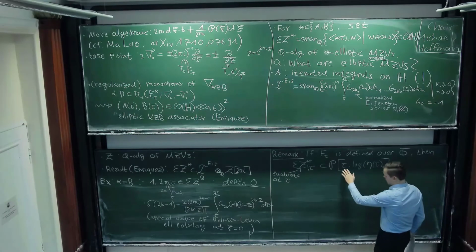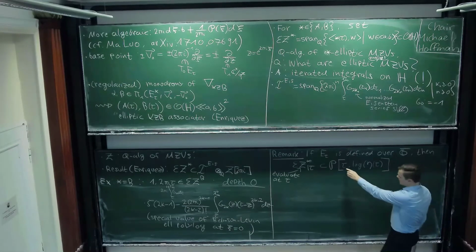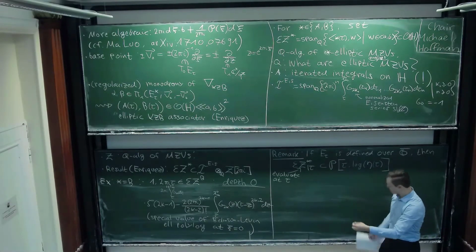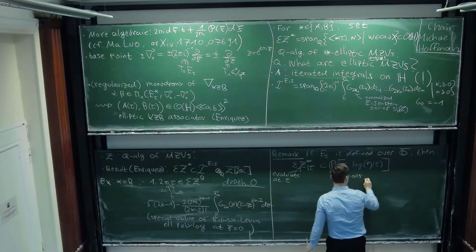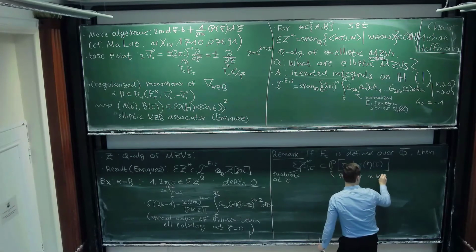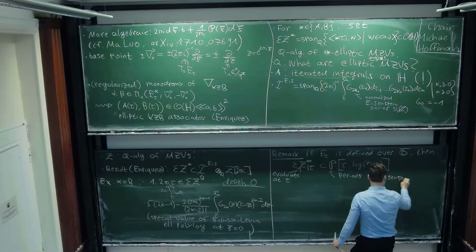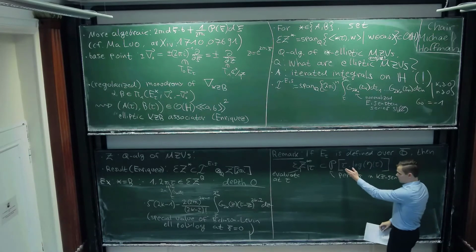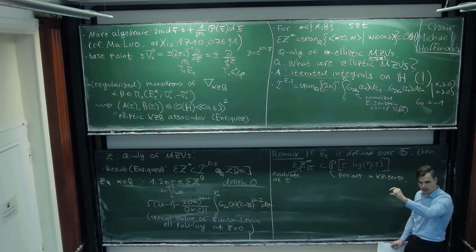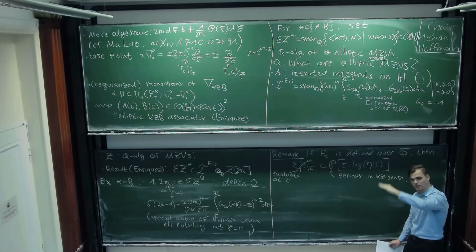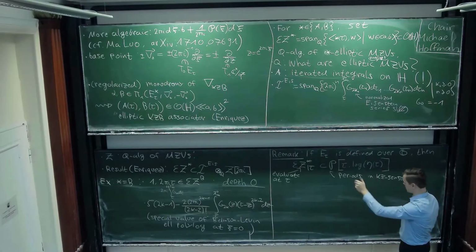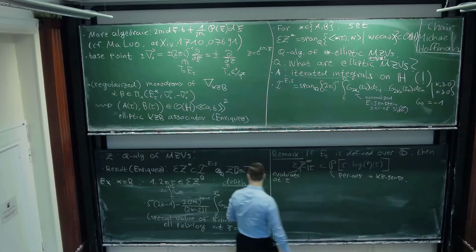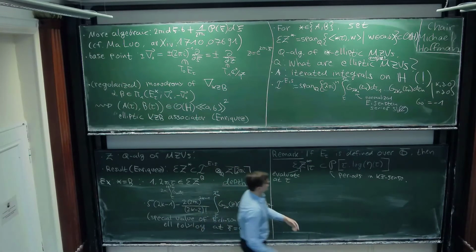Remember, tau is the way I do things: tau is really a ratio of periods. You take the integral of the holomorphic differential over one cycle, then divide by the other cycle. I don't think that's a period in the Kontsevich-Zagier sense. It's perhaps similar to the story of whether you have to count 1 over 2 pi i as a period or not.